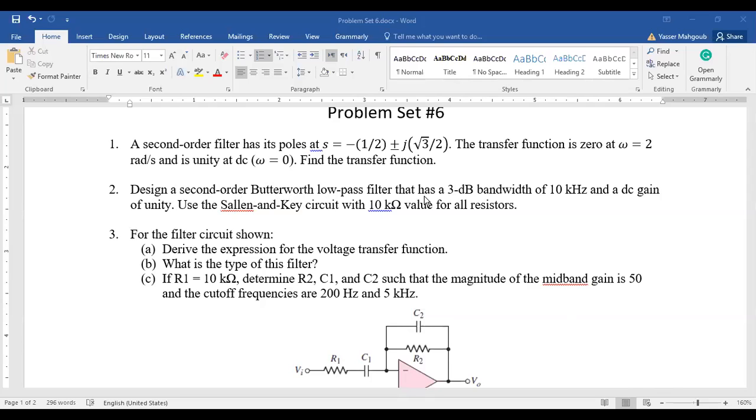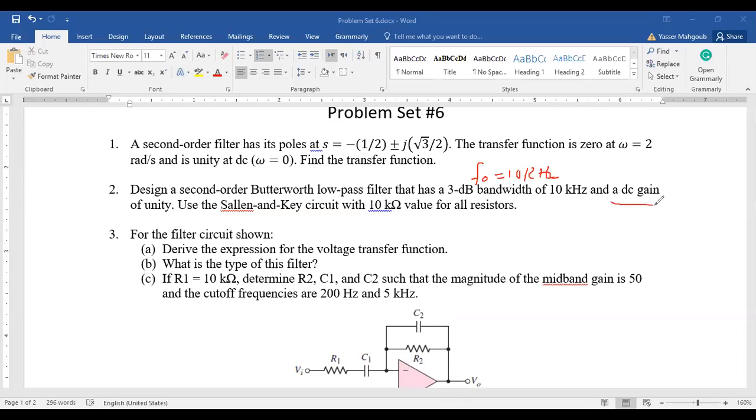The 3 decibel bandwidth, so this is the cutoff frequency, or the 3 decibel frequency, is 10 kilohertz. So this is F0 equals 10 kilohertz, or FC or F0.